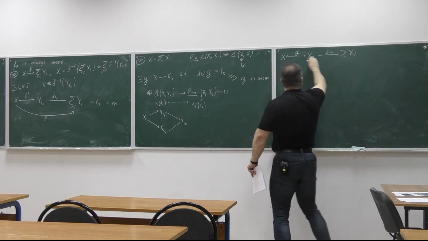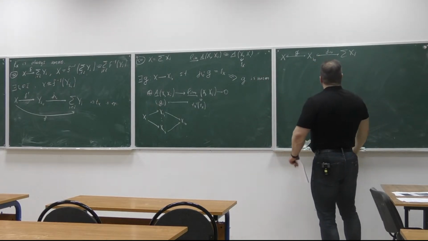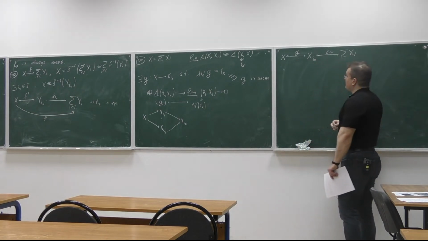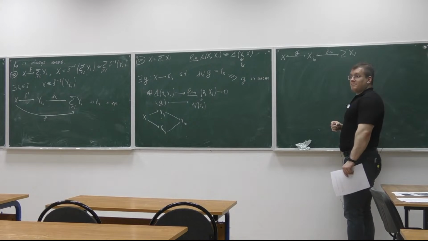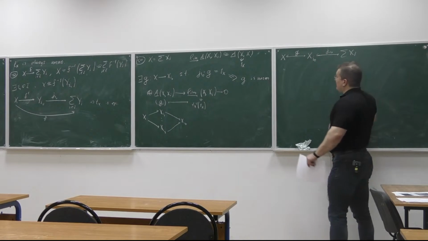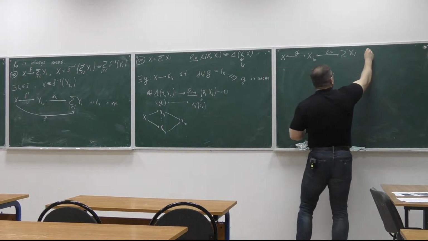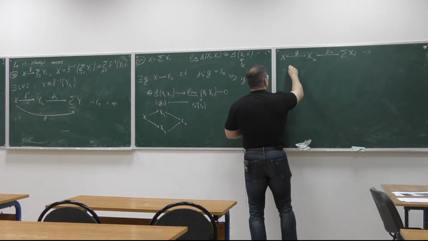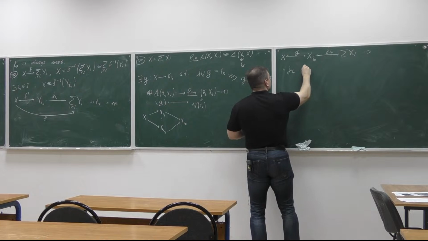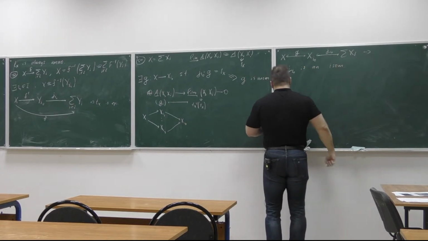So G is a monomorphism, and the composition is the identity. Hence, I claim that these two maps are isomorphisms. So, hence, J_i naught is an isomorphism.